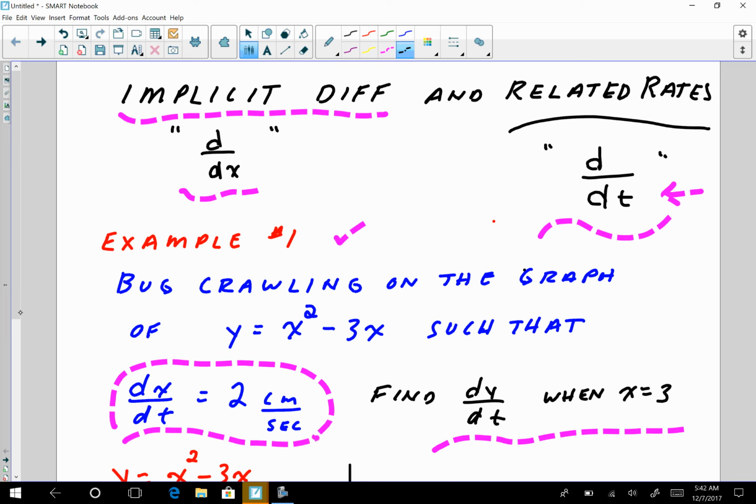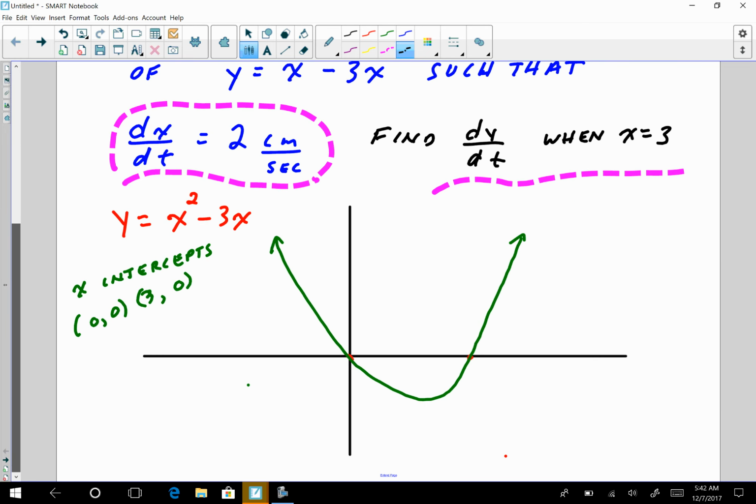So let's look at the graph of this and describe what's going on first. Here I have the graph of y equals x squared minus 3x. This graph has two x-intercepts, (0, 0) and (3, 0). I have a bug, and he is crawling on this graph to the right.